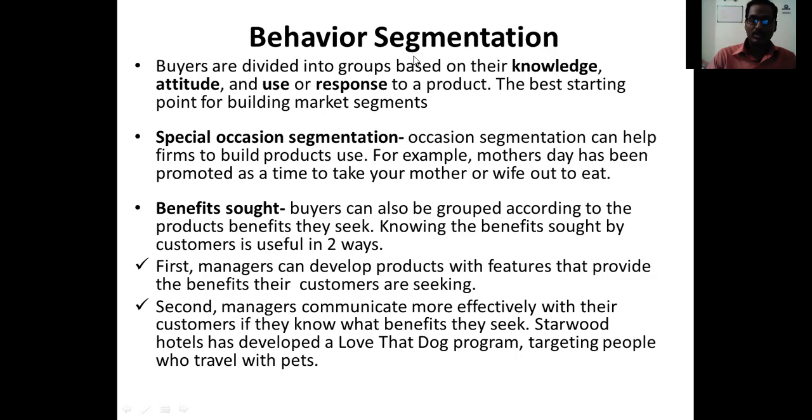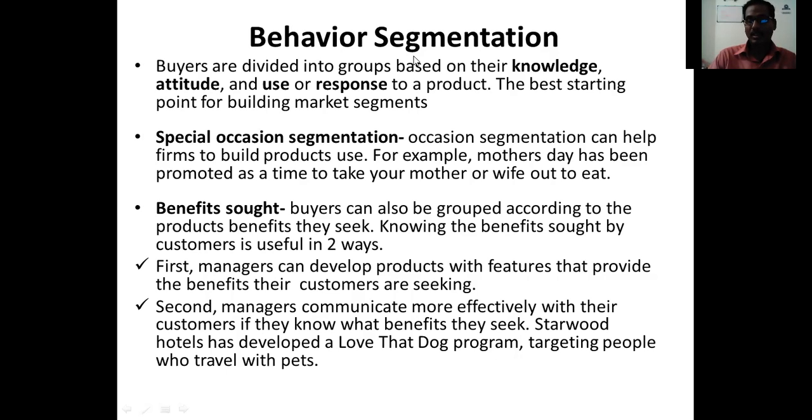The first one is special occasion. Here, occasion segments can help firms build product use. For example, Mother's Day has been promoted as a time to take your mother or wife out to eat.